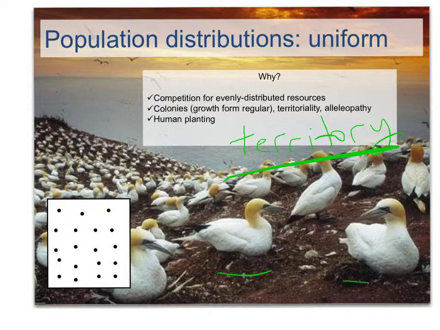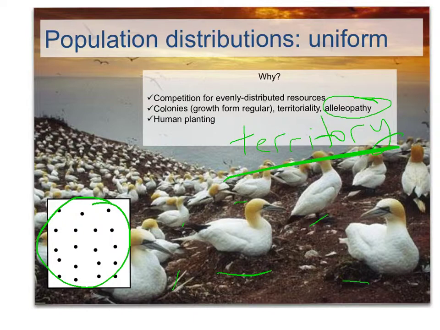As each animal is trying to maintain a territory of maximum size, and there's a lot of energy that goes into fighting in order to maintain a territory, they end up with a more or less regular distribution. Even plants can be territorial in a sense, or competitive certainly, in that they produce chemicals called allelochemicals.